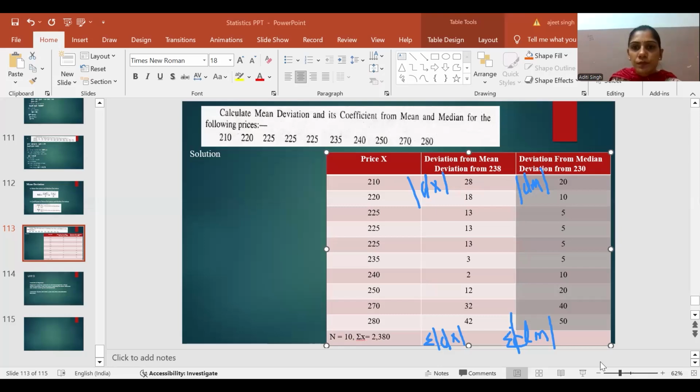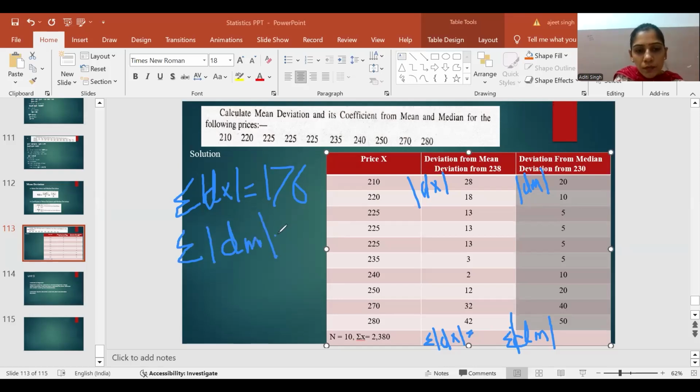176. So the value of sigma dx is 176. Now the value of sigma dm.